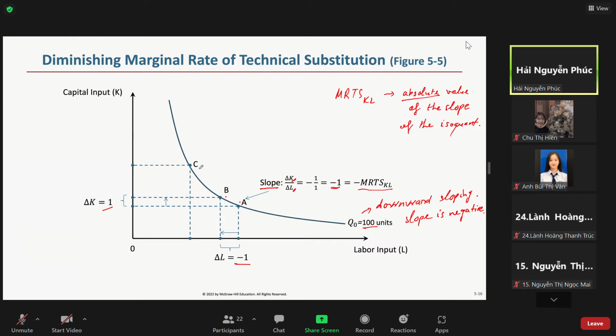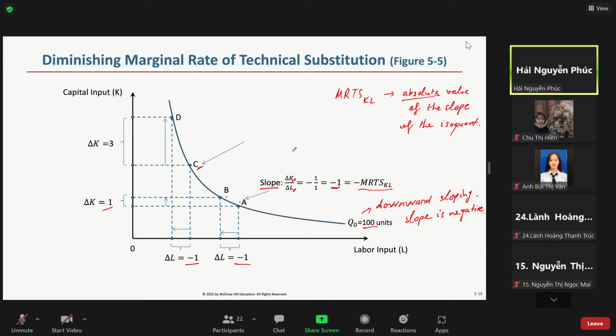Now let's further look at this graph. Suppose we are at point C. We decrease the use of labor input once again by 1 unit. Delta L is equal to -1. But to maintain the same level of output of 100, we have to sharply increase the use of capital input by 3 units.